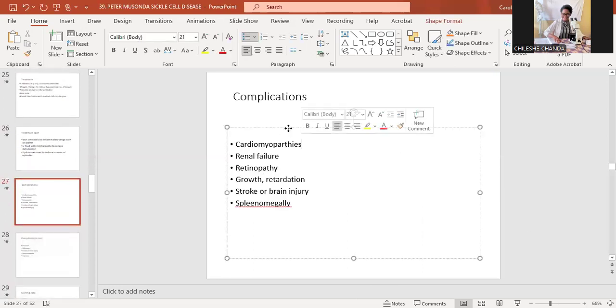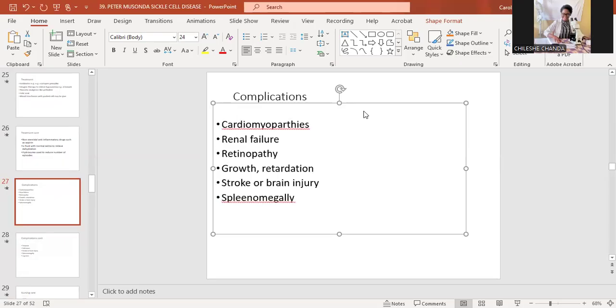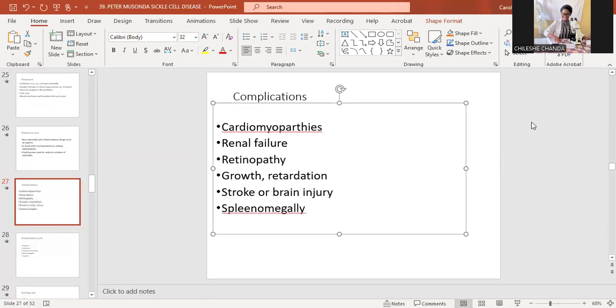Now, sickle cell is a very serious condition, and so it is going to give you very serious complications. Patient may go into cardiomyopathies because of a number of reasons. First of all, the blood is too viscous, and so the heart tries to fight as much as possible to push this blood to reach all the parts of the body.